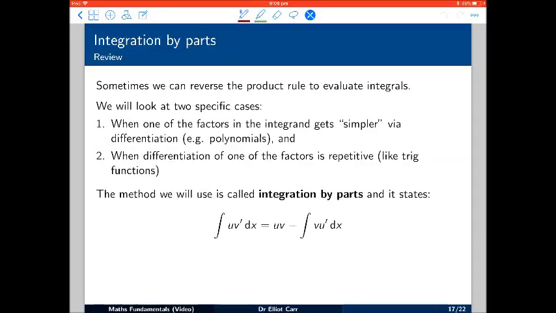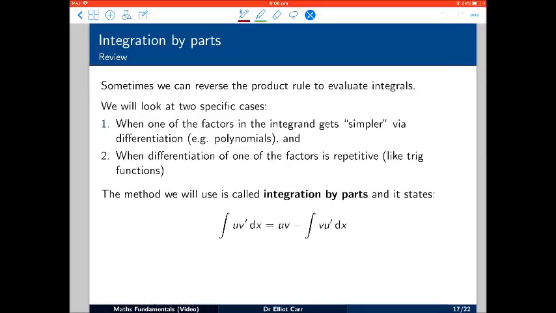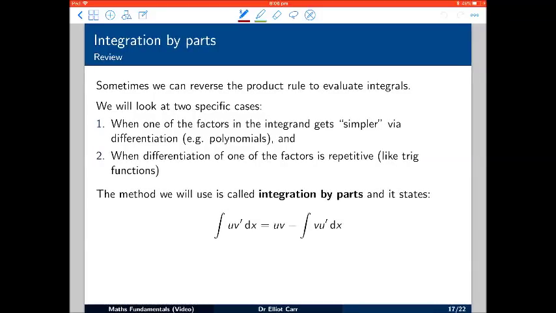Okay, so the formula for integration by parts: we have a product of two functions, my two functions are u and v dash. Now the integration by parts formula tells me that the integral of u v dash with respect to x is equal to uv minus the integral of v u dash.